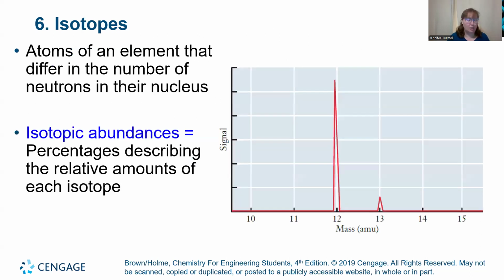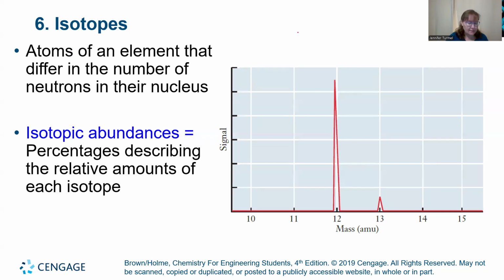All right, so let's take a look at isotopes. Isotopes are atoms of an element that have different numbers of neutrons in their nucleus. Okay, and an isotopic abundance is the percentage describing the relative amounts of each isotope.